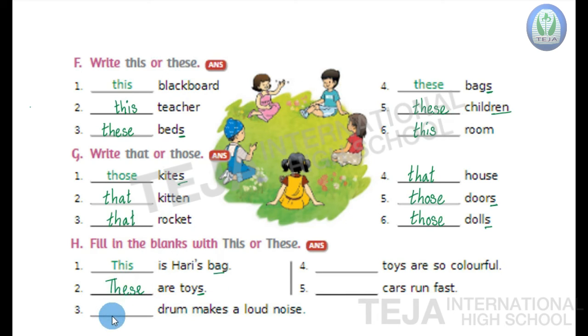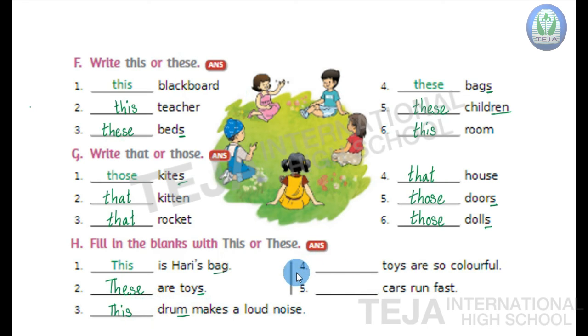Third one, children, dash drum makes a loud noise. So how many drums are there? Only one is there. So we use this. This drum makes a loud noise.